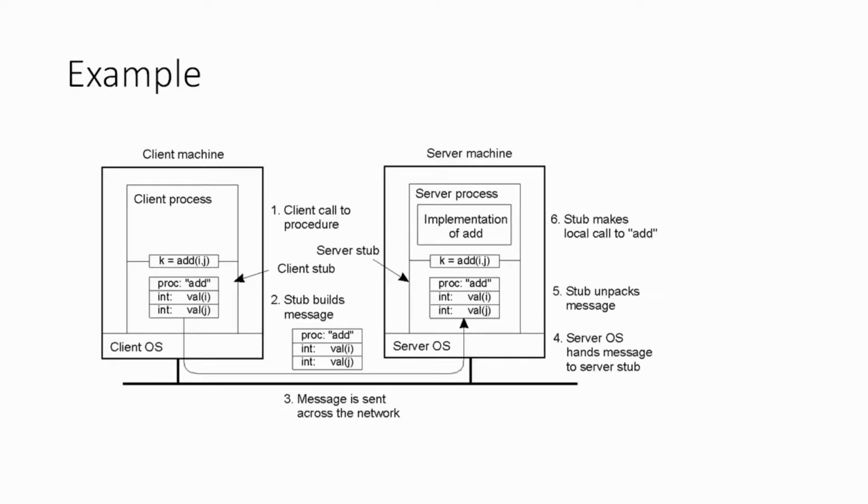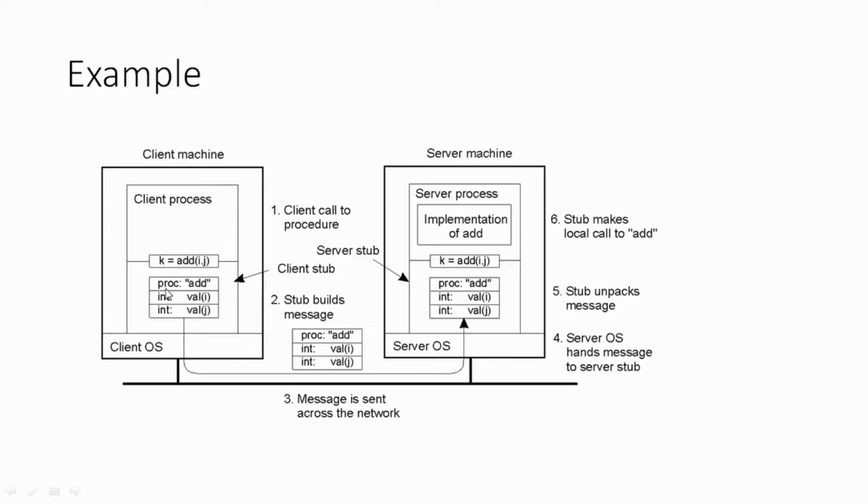Now I am going to explain a basic example of a remote procedure call. Here you can see this is the client machine and this is the server machine. If the client process makes a remote procedure call, first the procedure call is put on the client stub, and then the client stub converts the procedure into parameters.